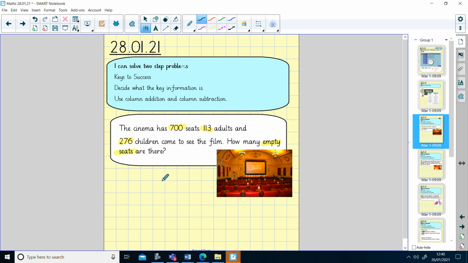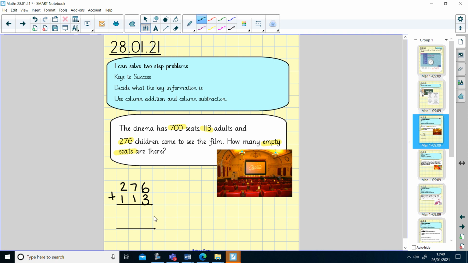So what I need to do is work out how many people came to see the film, and to do that I'm going to add my 276 and my 113. That answer will tell me how many people came to the cinema that day.